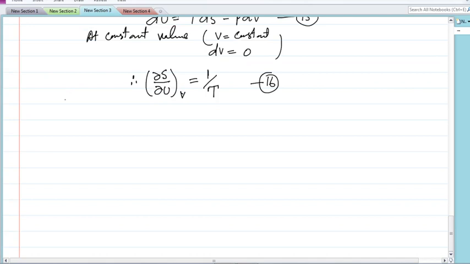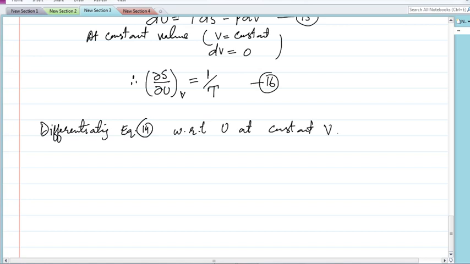Now if we take equation 14, S is equal to Nk ln Q plus k beta U, we have to differentiate it with respect to U, keeping volume constant.